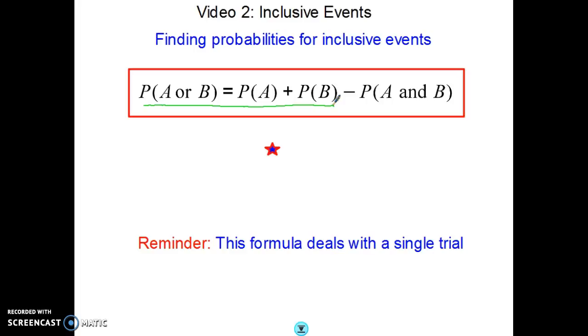So the reason we have to include this new part, the minus P of A and B, is that this removes the overlap that otherwise would be counted twice, because it would be counted in this part of the equation, and it would also be counted in the P of B part of the equation. Just another reminder, this formula, like the mutually exclusive one, is for dealing with a single trial.